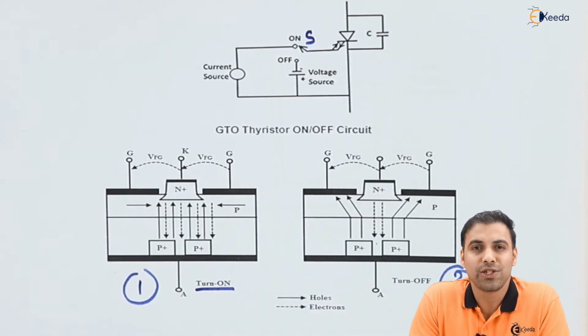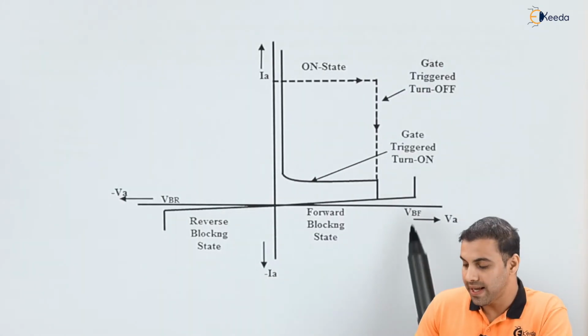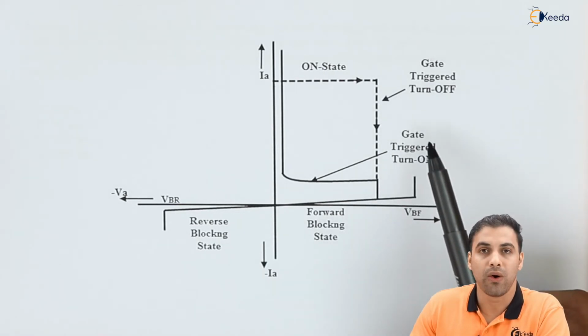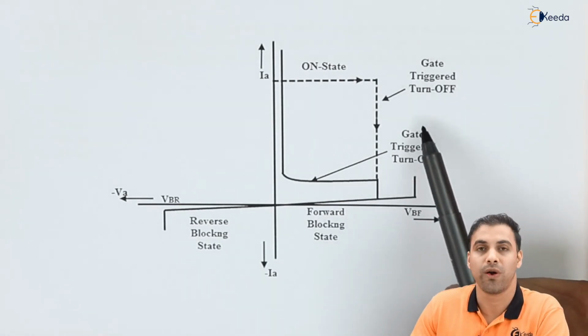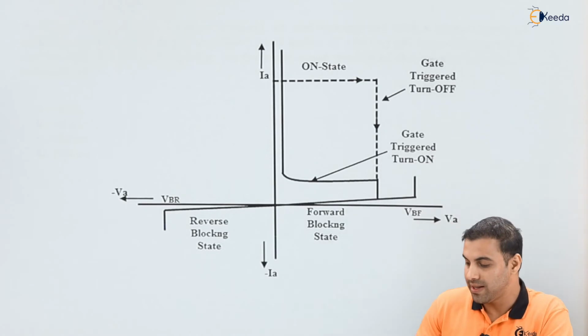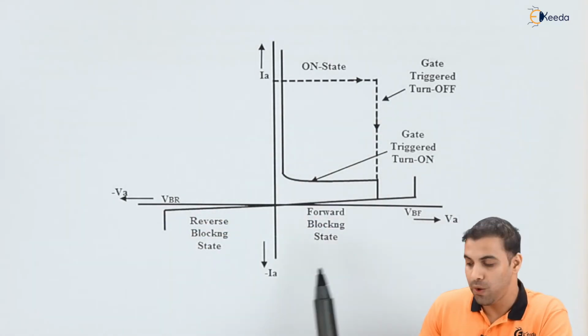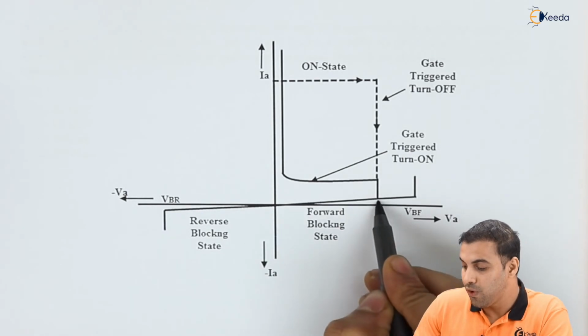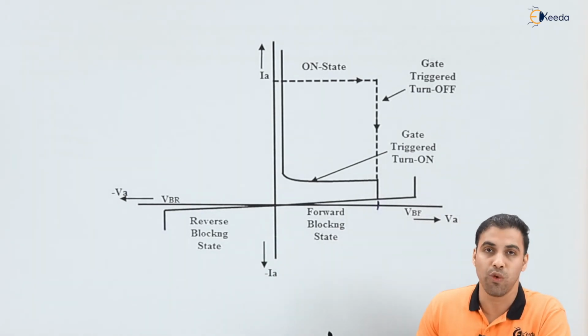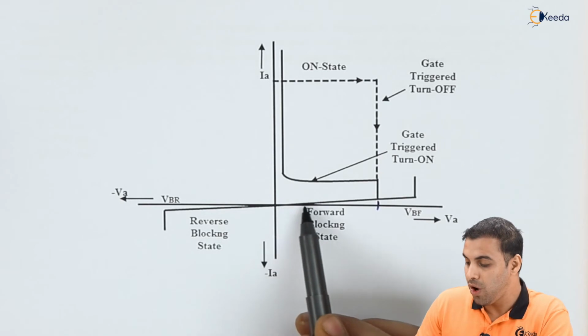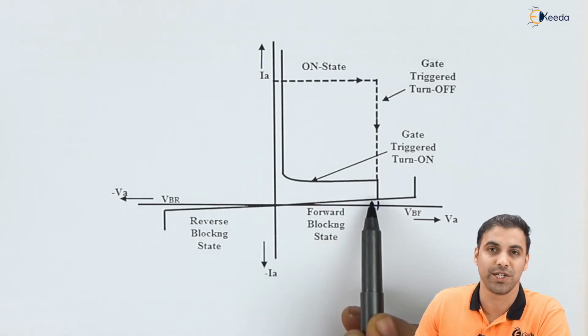Now friends, let's talk about how the VI characteristics of a GTO look. Let's say we talk about quadrant 1. Quadrant 1 is the forward bias state. This is the voltage axis and the y-axis is the current. Until the voltage reaches the forward breakover voltage, there will be a small leakage current flowing through the GTO.